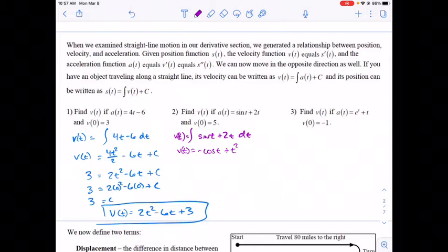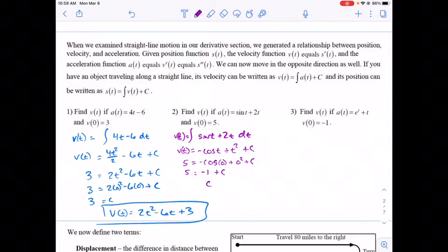So plus t squared plus c. And then again, v of 0 is going to be 5, so we're going to plug that in for v of 0, and we put negative cosine of 0 plus 0 squared plus c. Well, cosine of 0 is 1 times a negative gives us negative 1, so we get 5 is equal to negative 1 plus c.